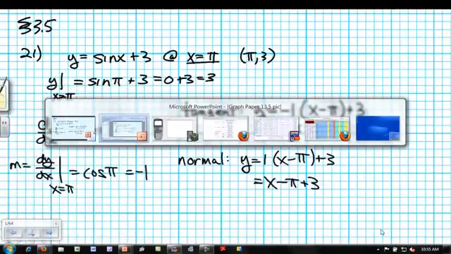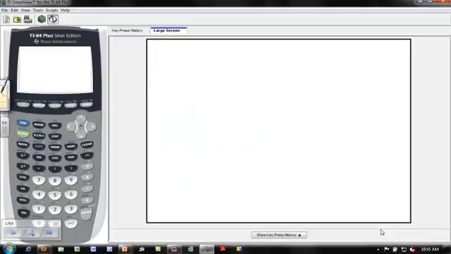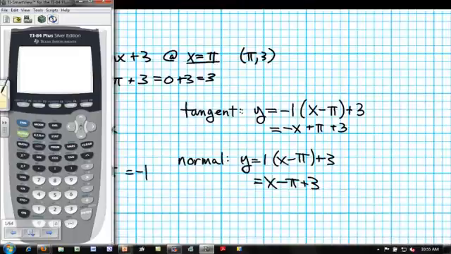All right. So let's go over to here and let's graph our functions out. Sine of x plus 3 is one function.